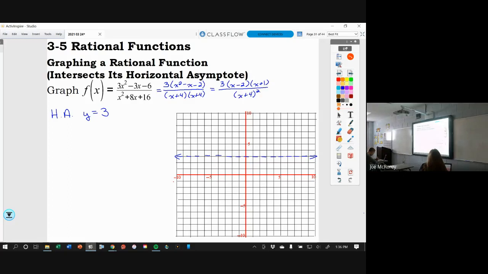Does anything cancel? I don't have any terms in this top that are the same as the terms on the bottom, so nothing cancels. Okay? Vertical asymptotes means what values will make the denominator equal to 0.